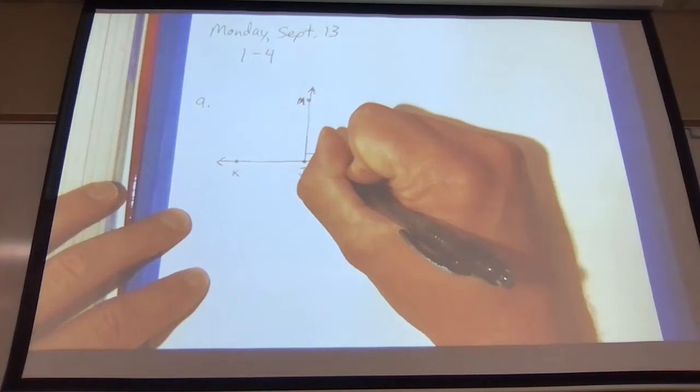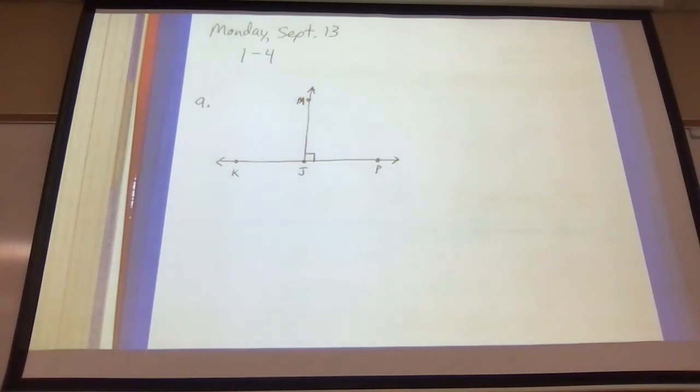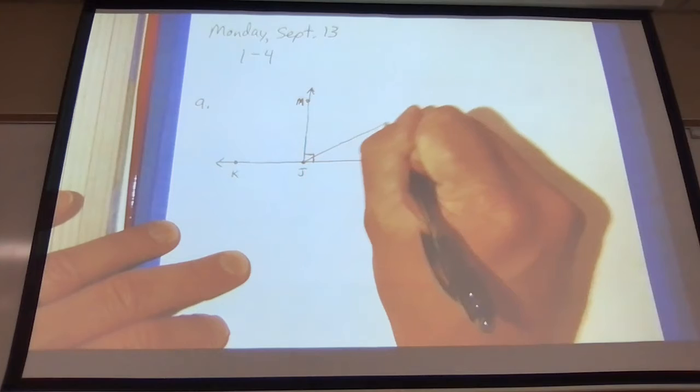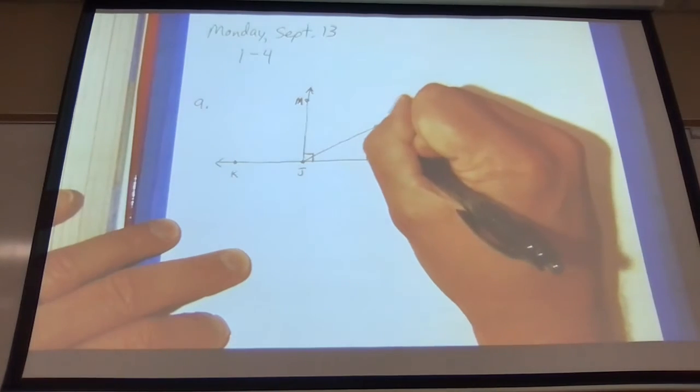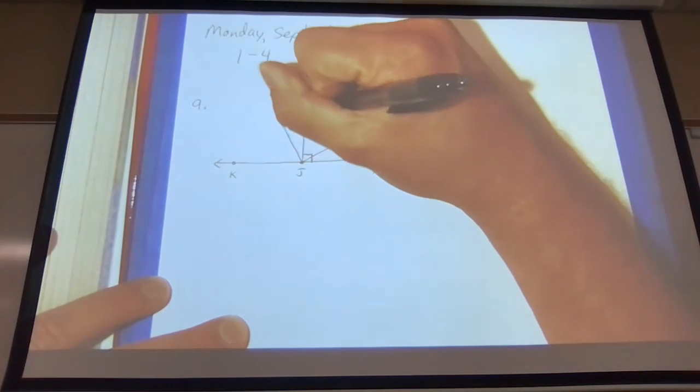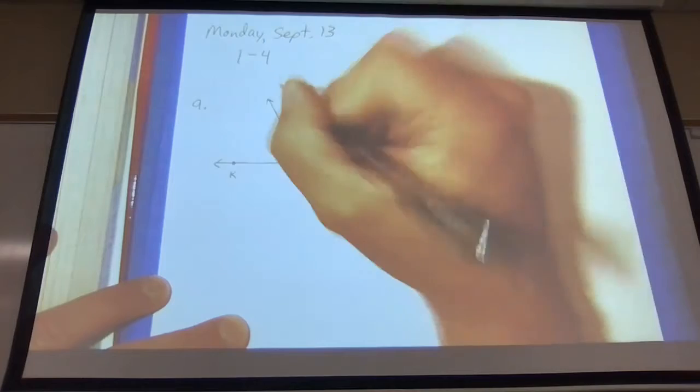Just put a little box in the corner of that. Once again, that little box reminds you that's a right angle, 90 degrees. We're going to put another ray coming out of J. It's going to come out this way through point N. One last ray coming this way through point L.